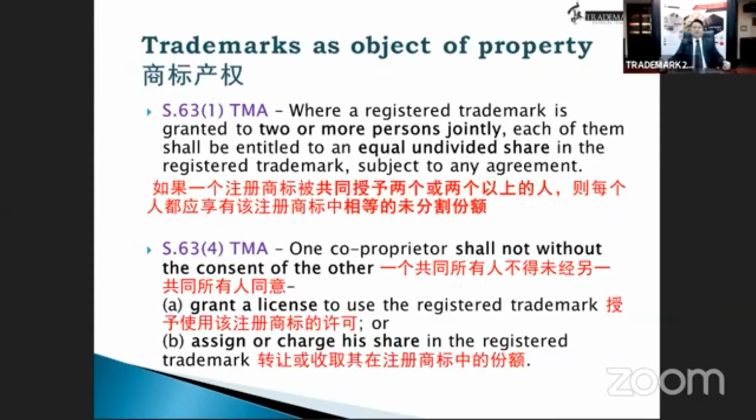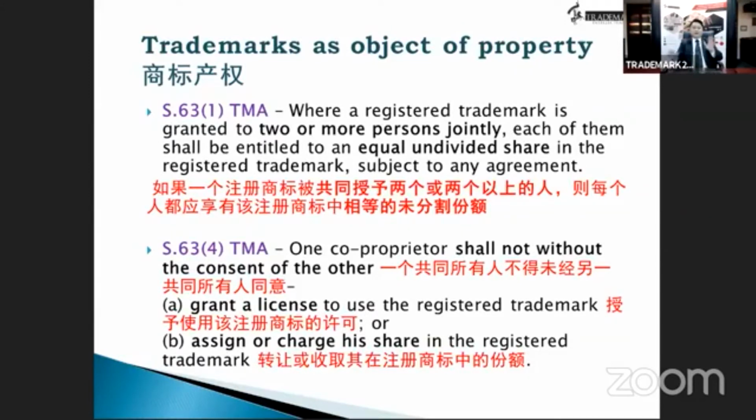Section 63 says that if there are 2 owners or 2 applicants to a trademark, in the absence of any written agreement between the 2 parties, under the law, they shall own the trademark equally, okay? Equally, understand?